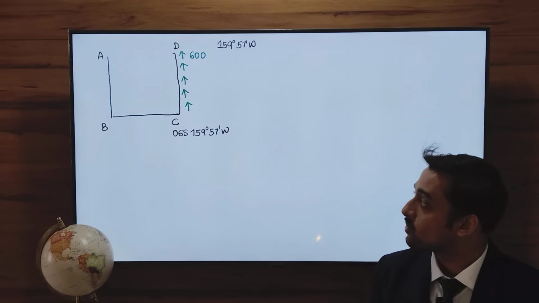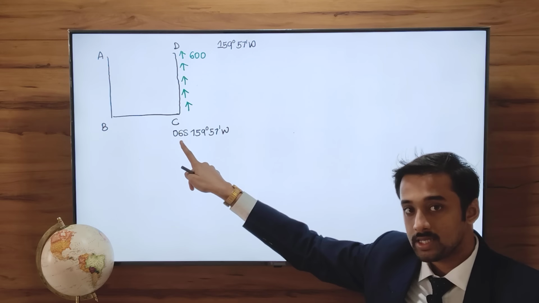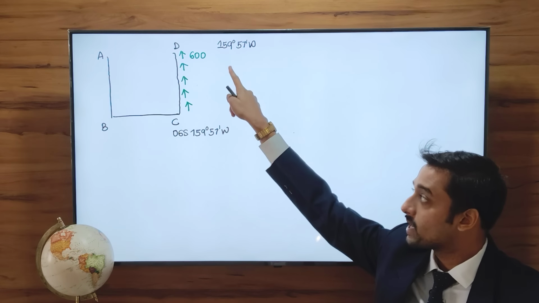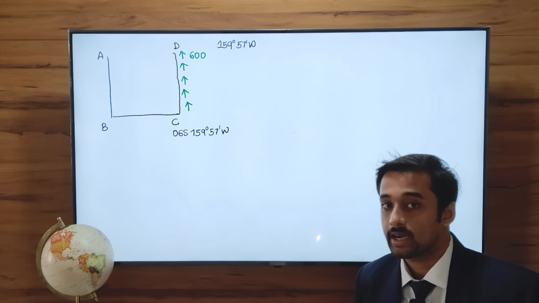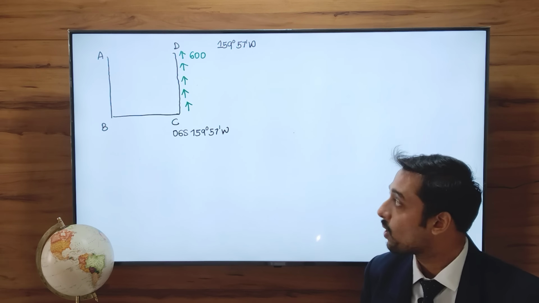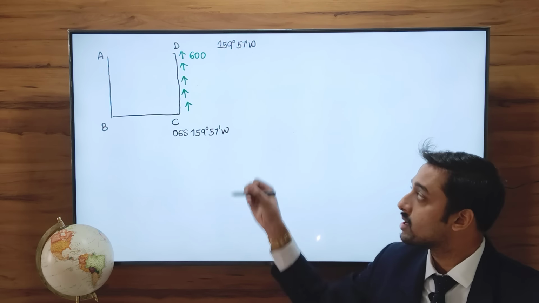Now let's find the latitude. Latitude of C is 6 degrees south. So latitude of D will be more than 6 degrees south. It can be on the equator or in the northern hemisphere.